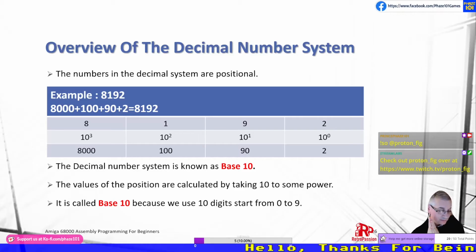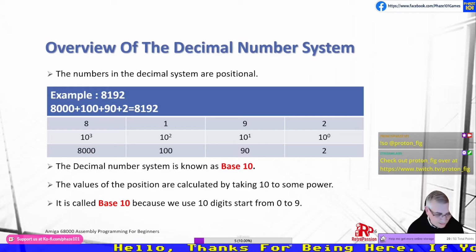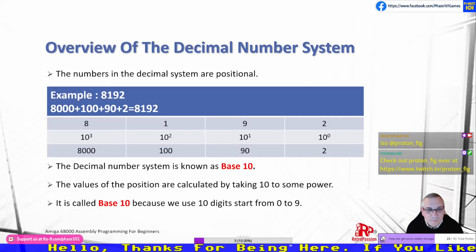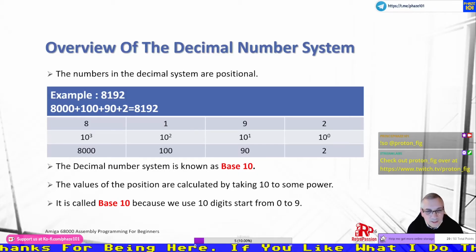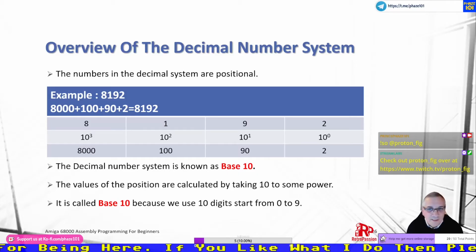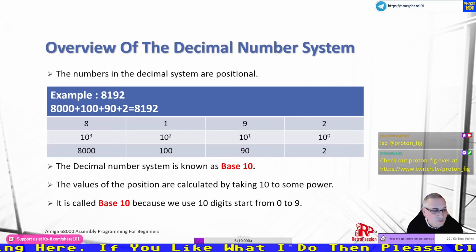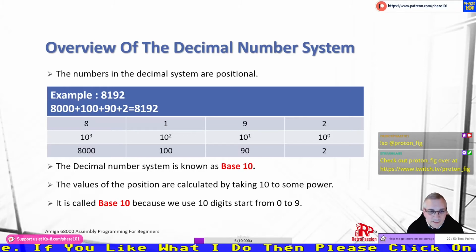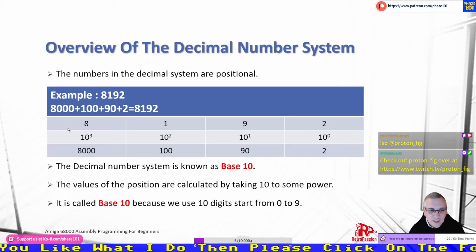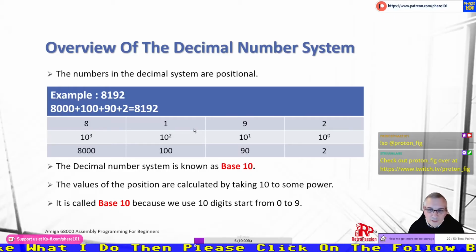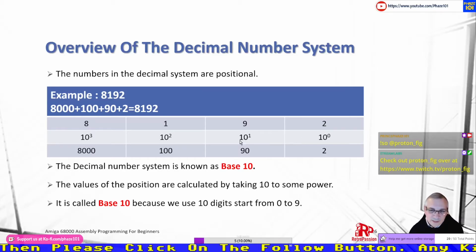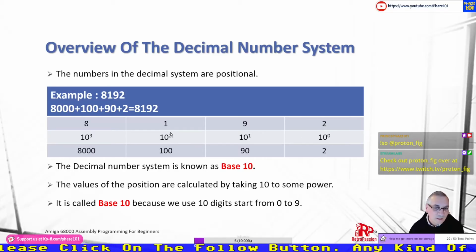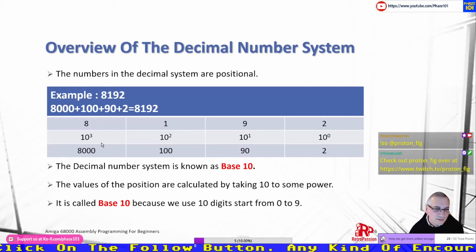The modern numbers that we write, the decimal system, are positional. So the 2 is 10 to the power of 0. The 9, if you look at the example that I have, is 10 to the power of 1, and it continues like this, as per the table under it. So in 8192, the 2 is 10 to the power of 0, the 9 is 10 to the power of 1, the 1 is 10 to the power of 2, and the 8 is 10 to the power of 3.